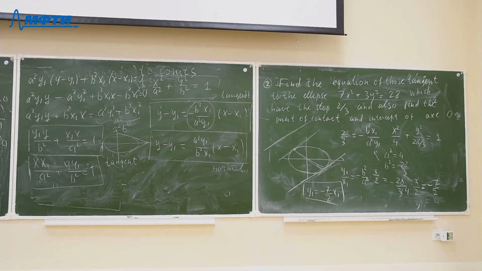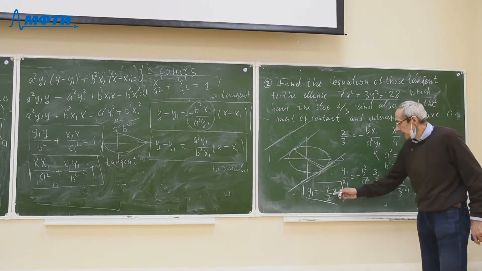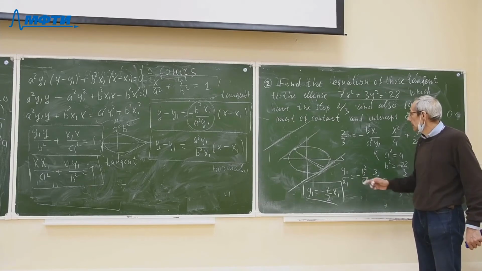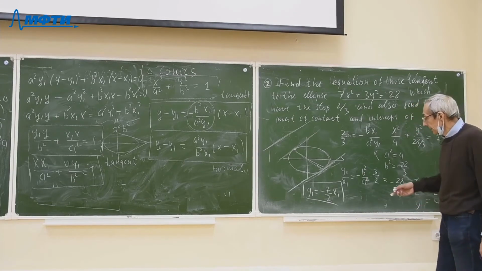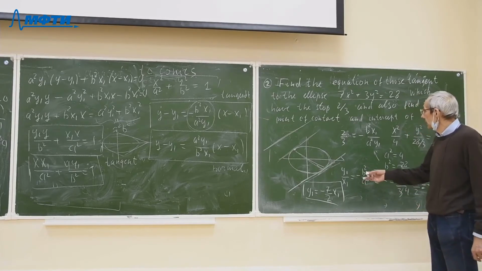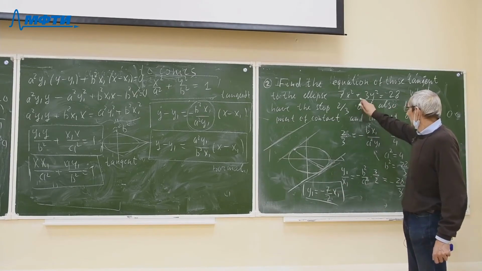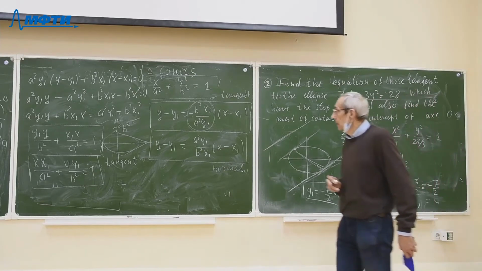Any question? Do you understand this calculation? We calculated the ratio y1 and x1, and after that we can exactly calculate the values for these coordinates. We can substitute this expression in the equation of the ellipse.